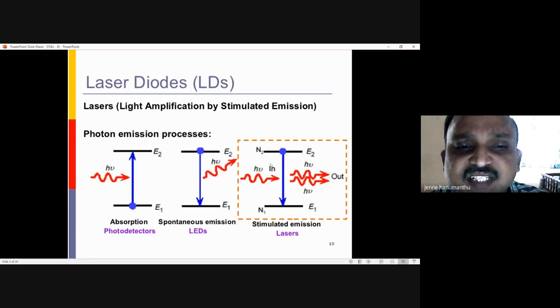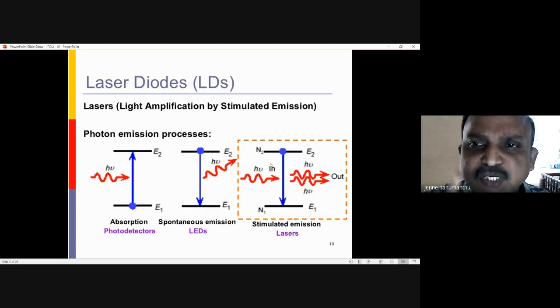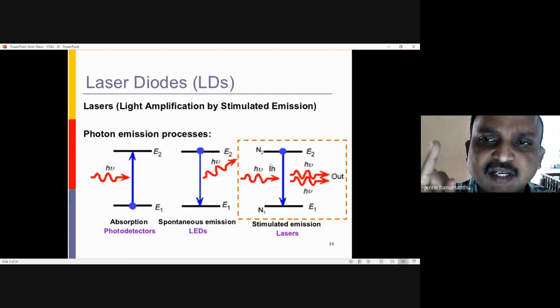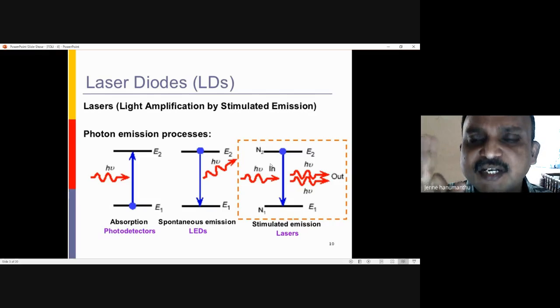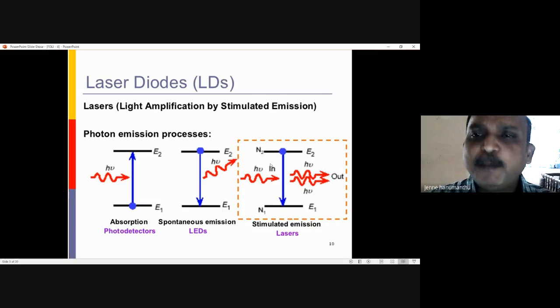Because of stimulated emission. So, absorption, number one. Number two, spontaneous emission. Number three, stimulated emission.